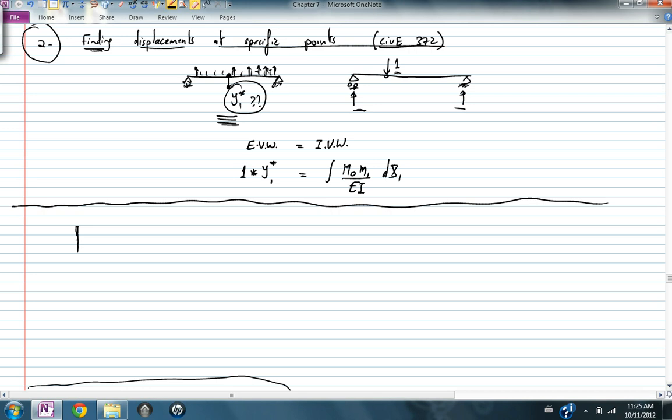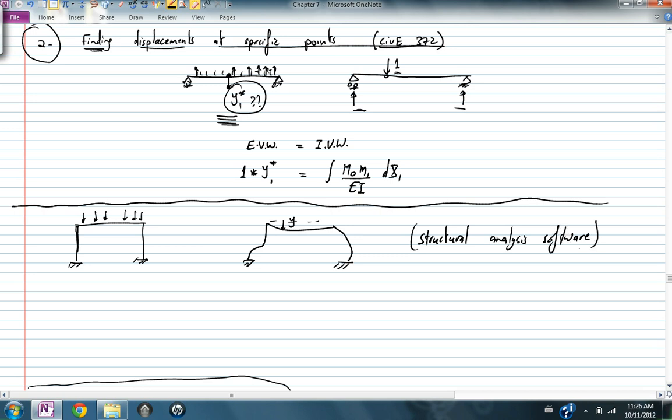Right now, if you want to find the displacement, the bending moment, and the shearing force of the structure, you put it inside a software. The software does the analysis and gives you the displacement at every point in the structure under this load. These are structural analysis softwares, utilizing something called the stiffness method.